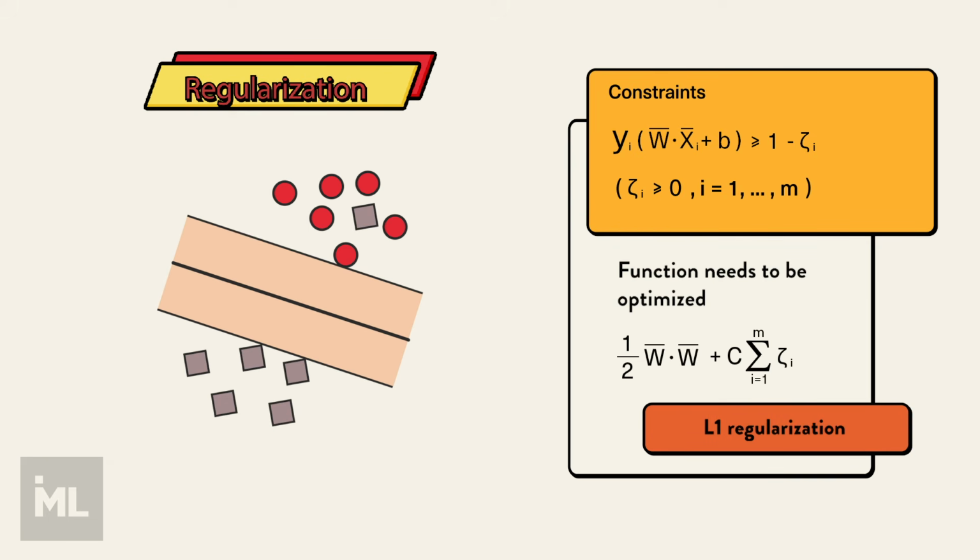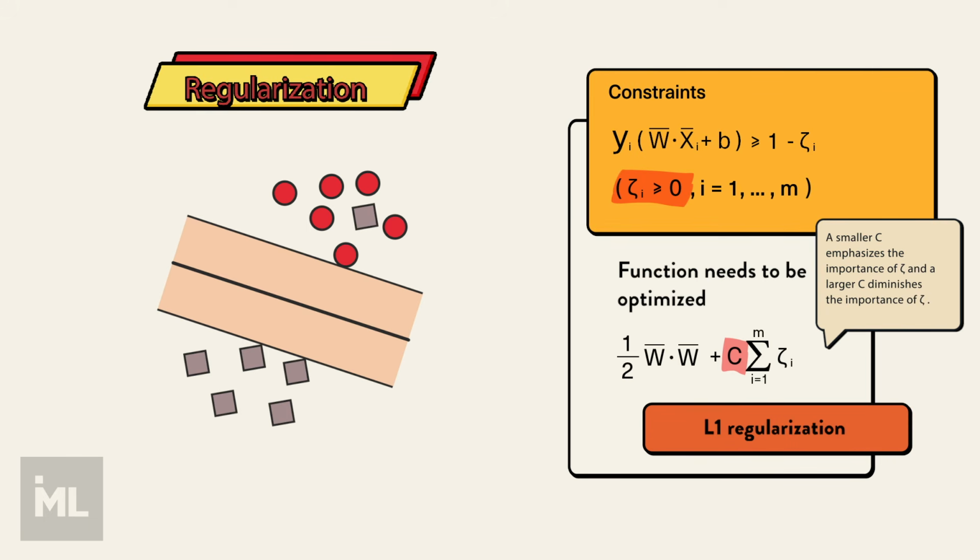Notice that the zeta here is always a positive number, and the regularization parameter c determines how important zeta should be, which means how much we want to avoid misclassifying each training example. A smaller c emphasizes the importance of zeta, and a larger c diminishes the importance of zeta.